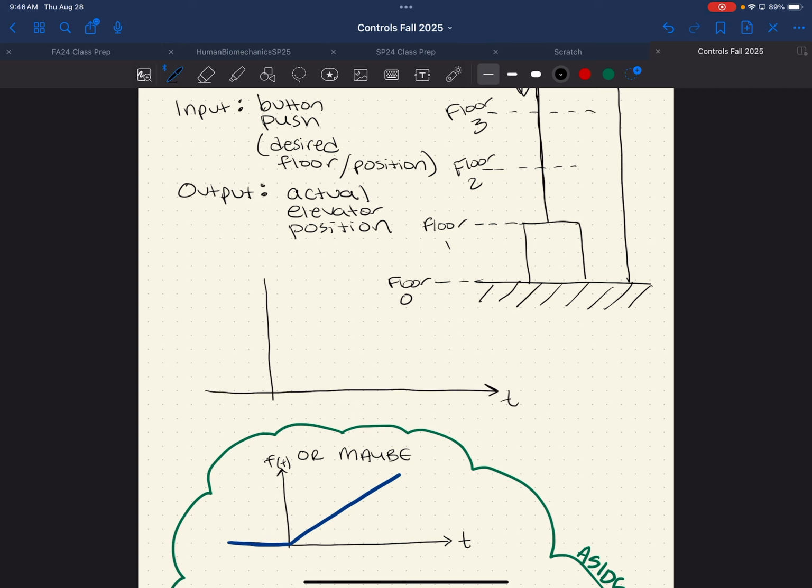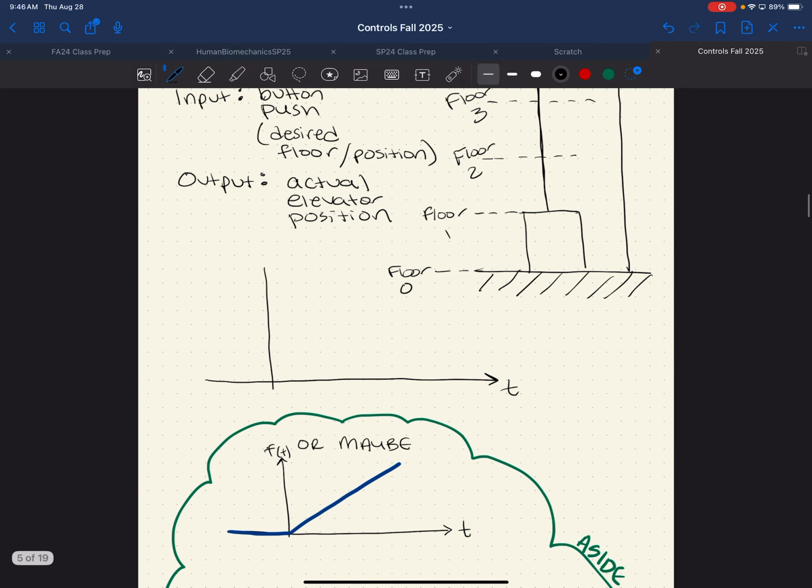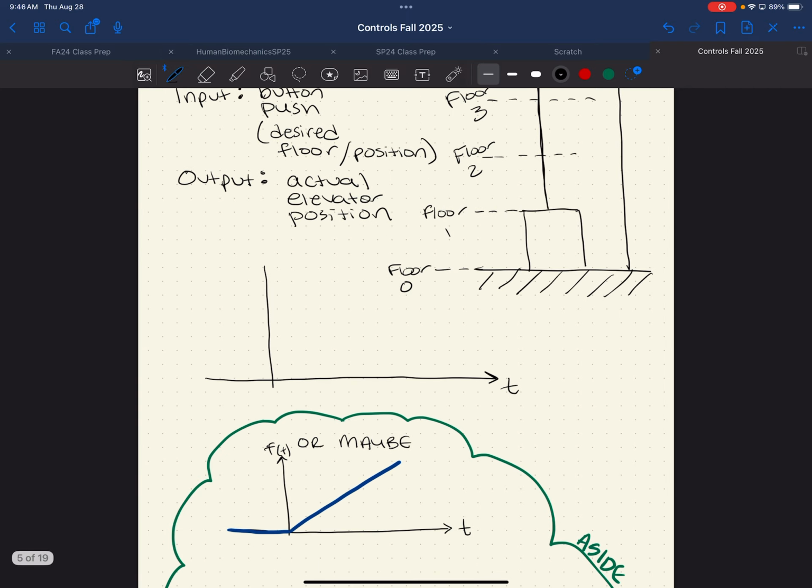So if we look at what my desired input is, or my desired floor position, and I look at that signal over time, maybe I have some function of time, it would look something like this. Before I got onto the elevator, we're going to assume that we're starting out at floor 0.